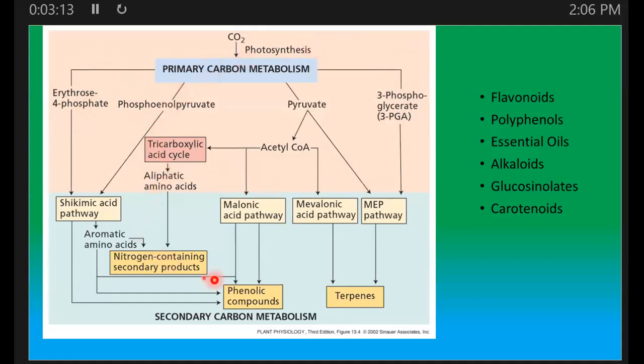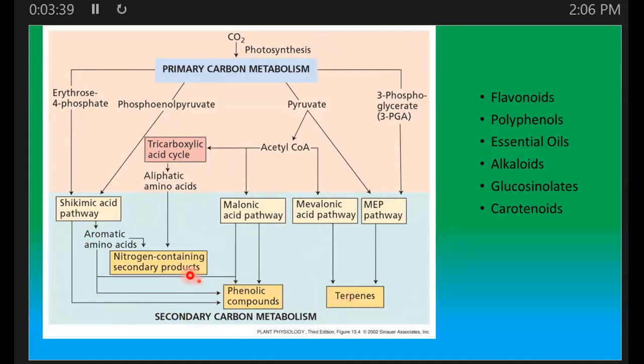And then this greenish box is the idea of different secondary metabolic pathways. So the big yellow boxes, those are the three I want you to key in on. Okay, so we have terpenes, phenolic compounds, and nitrogen-containing secondary products or nitrogen-containing compounds. So these three are the three big classes of secondary metabolites.